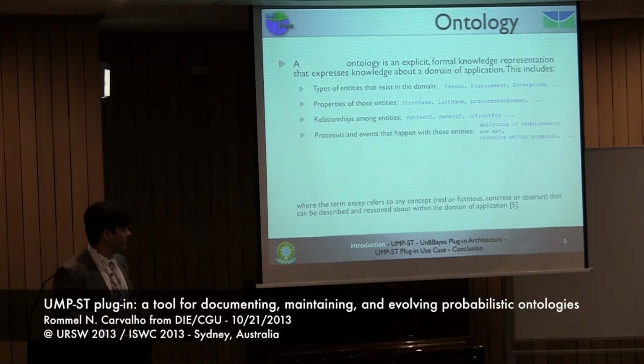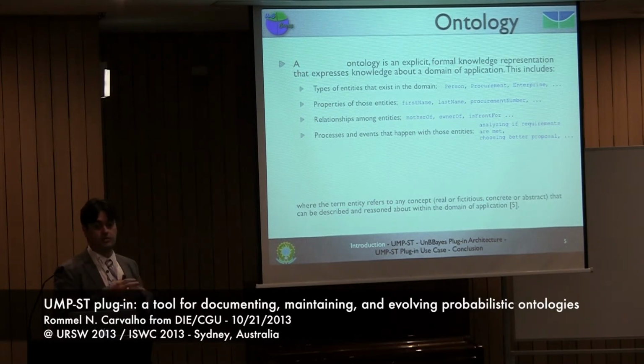So this is a definition by Costa. He talks about what an ontology is. Basically, we're talking about a formal knowledge representation to express some knowledge about a specific domain application. So we have types of things, right? We have classes. So in our scenario, we're talking about a person, an enterprise, a procurement.